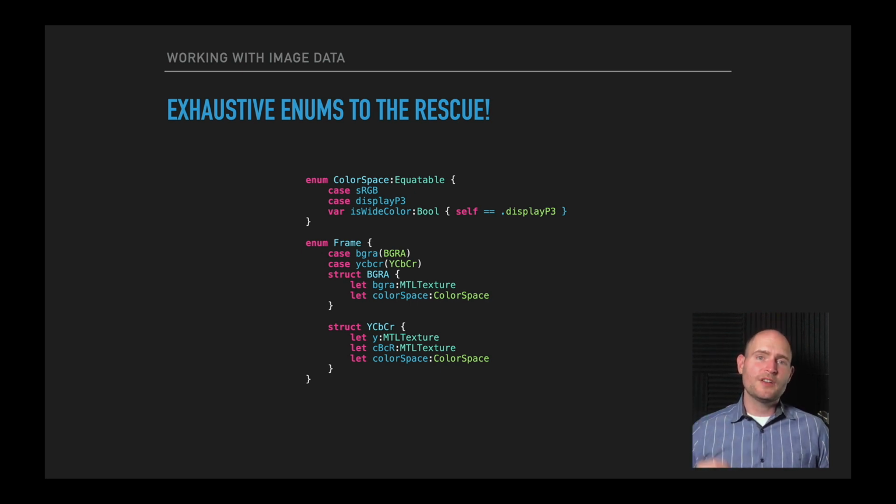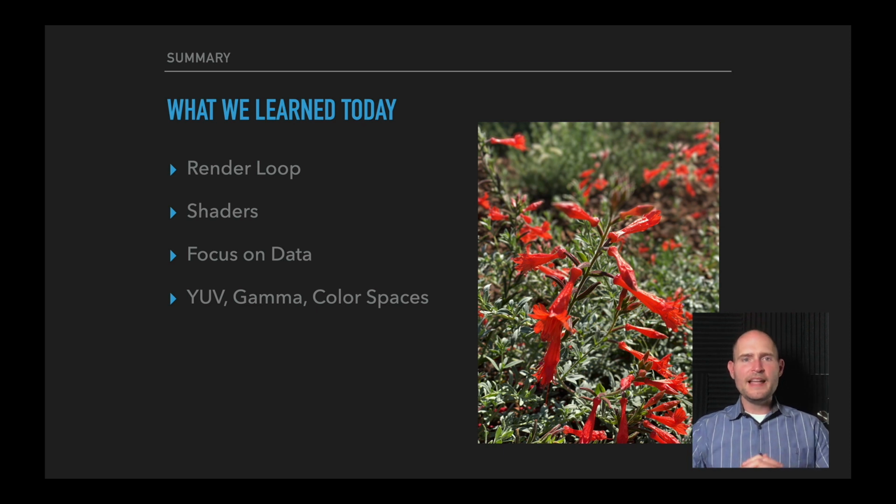Most of the difficulty is keeping track of the color spaces you're working in. So understanding the color space of your source image and understanding the destination color space that you're displaying on screen or writing to disk. All I have to do is attach another property to my frame wrapper that I'm passing around, and the compiler can help me out with catching these little bugs. And there you go. You've got a frame rendered on screen.